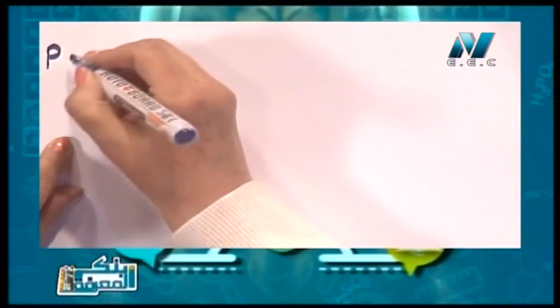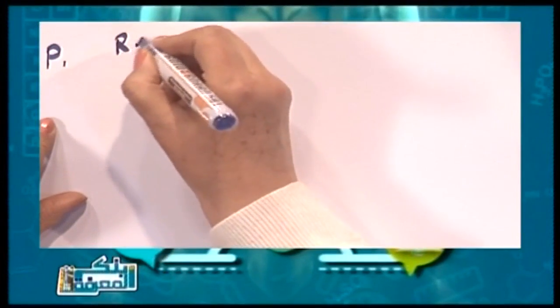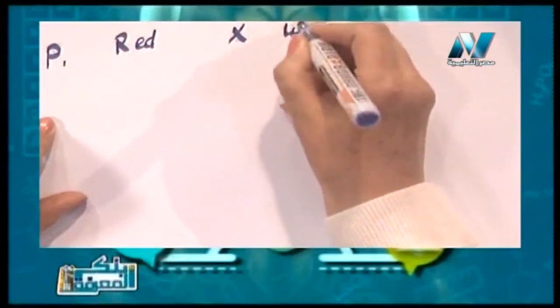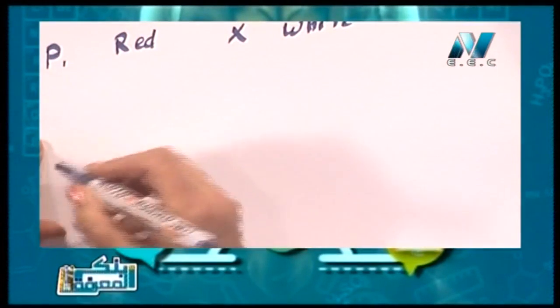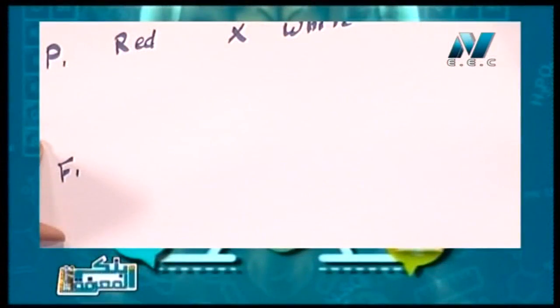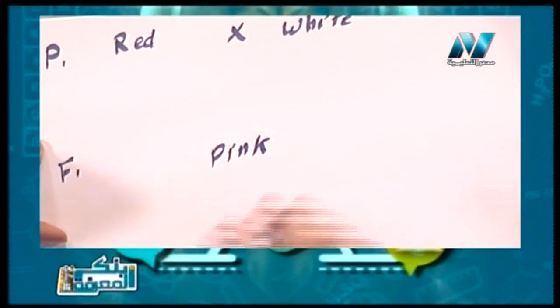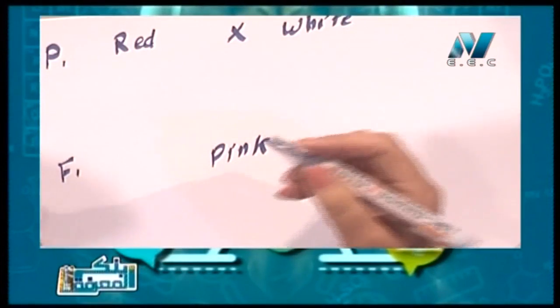As we used to do, the parents are red flowered and white flowered, and we got in the first generation the pink colored flower.